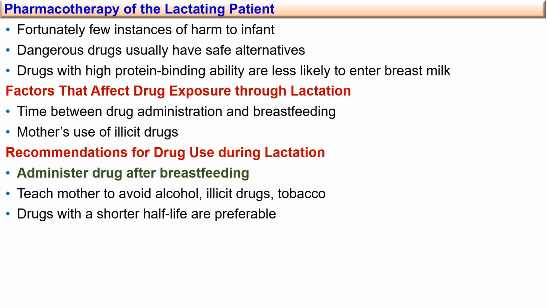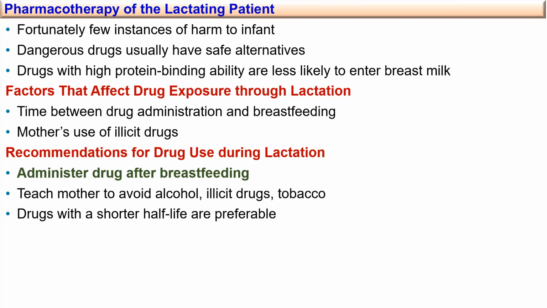So recommendations for drug use during lactation: administer the drug after breastfeeding, teach the mother to avoid alcohol, illicit drugs, or tobacco, and also drugs with a shorter half-life are preferable. Drugs with a longer half-life should be avoided.